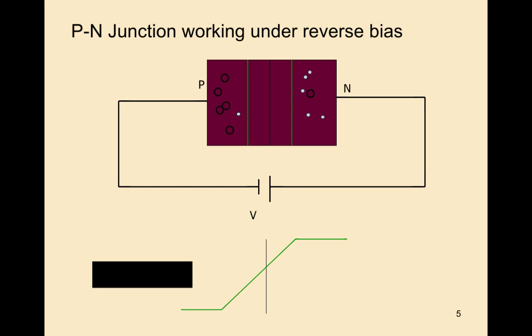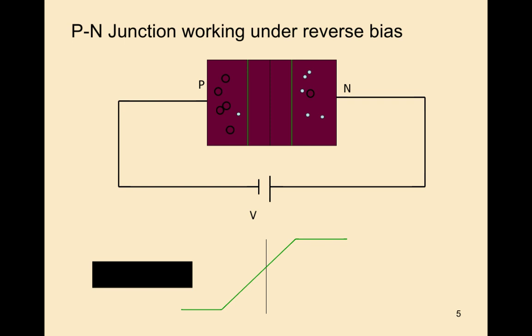By connecting in this way, the holes present on the p side are attracted towards the negative terminal of the battery, and the electrons present on the n side are attracted towards the positive terminal of the battery. Battery electrons and p side holes are attracted towards each other.